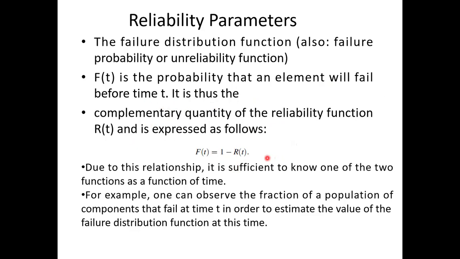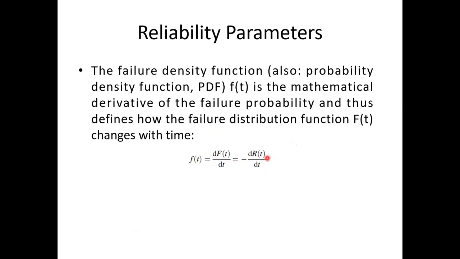Here what I am saying is, to calculate the failure rate, we can go through the failure density function, that is dF of t by dt equal to minus dR of t by dt. So here the failure density function is the mathematical derivative of the failure probability and thus defines how the failure distribution function changes with time.